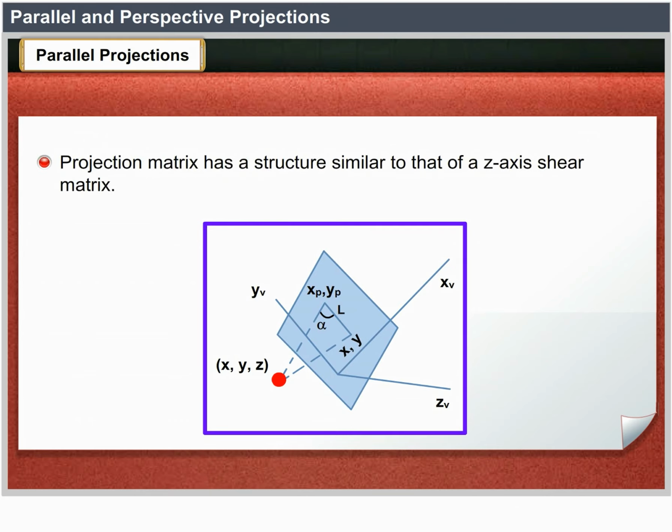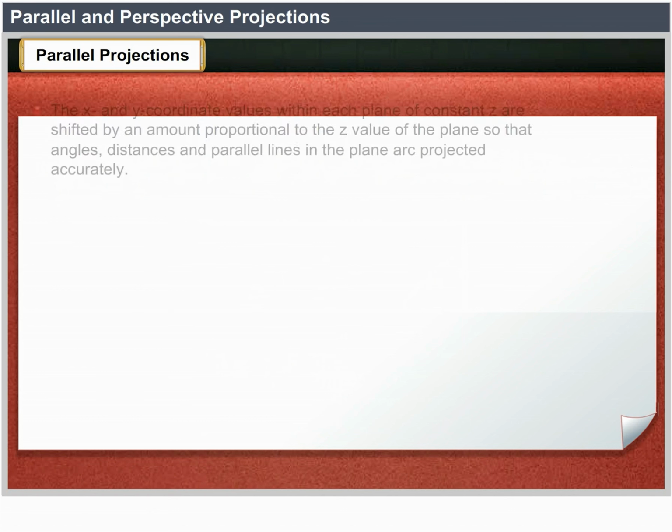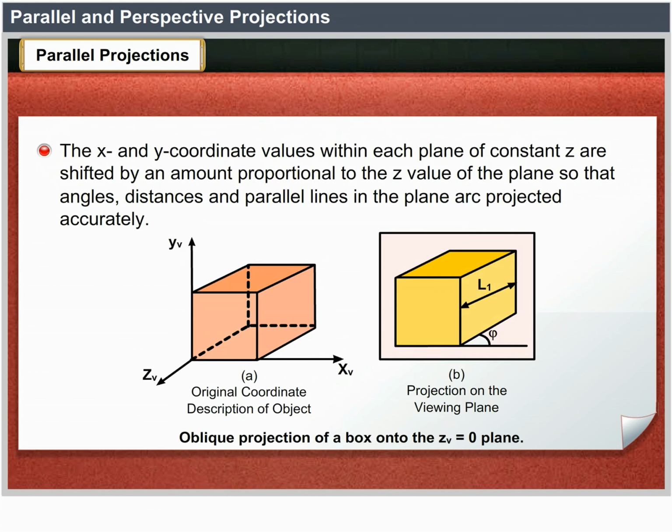Projection matrix has a structure similar to that of z-axis shear matrix. In fact, the effect of the projection matrix is to shear planes of constant z and project them onto the view plane. The x and y coordinate values within each plane of constant z are shifted by an amount proportional to the z value of the plane, so that angles, distances, and parallel lines in the plane are projected accurately.